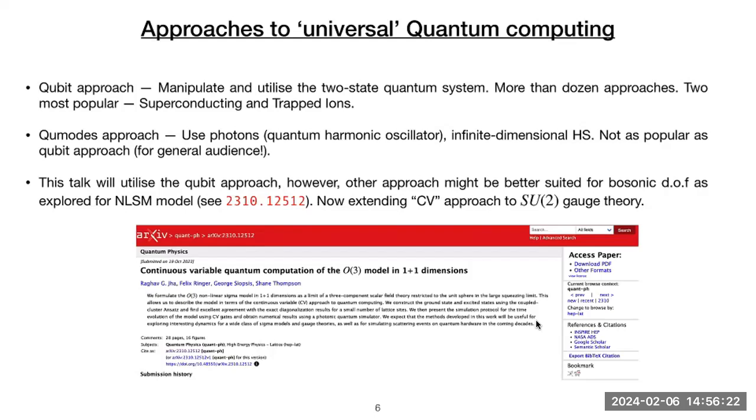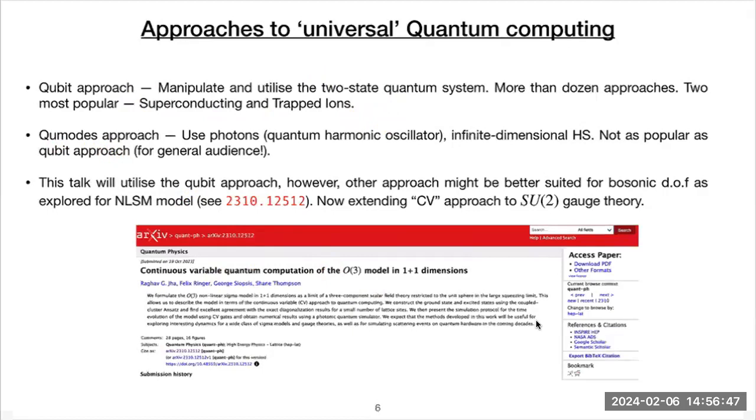You use those photons and make them interact such that you can manipulate them and achieve universal quantum computing. This talk is only going to focus on the qubit approach. I will tell you everything about the qubit approach, but this is also a very popular approach, and this is what we are also looking at at Jefferson Lab.